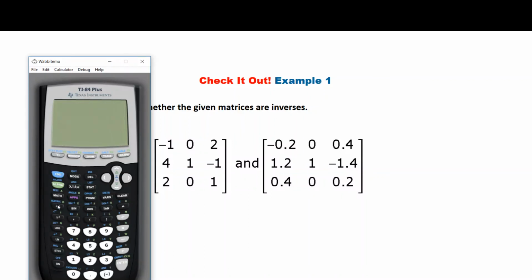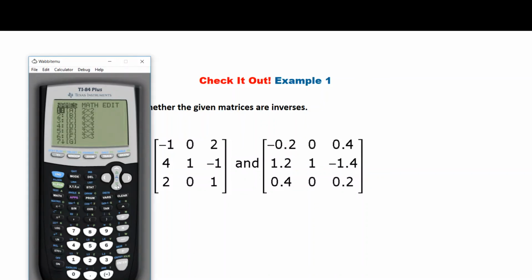I'm going to say I want matrix E times matrix F. When I multiply them together, I do get the identity. The ones are all on the diagonal and the zeros are everywhere else. We could just multiply it the other way around too.